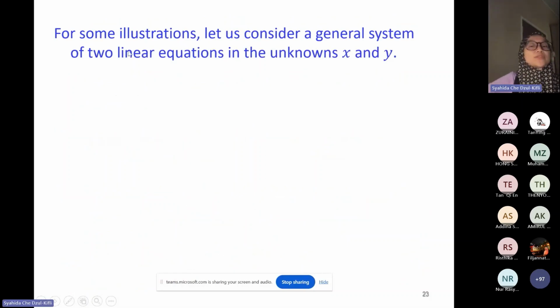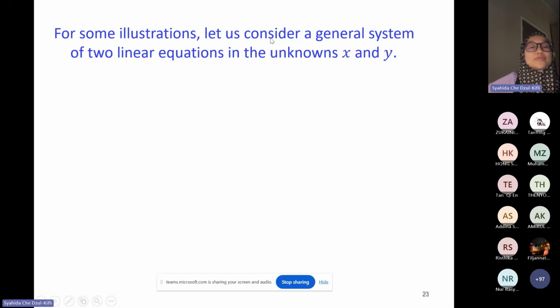For illustration, to see it geometrically, let us consider a general system of linear equations in variables x and y, so we are able to draw the graph of the linear equations.